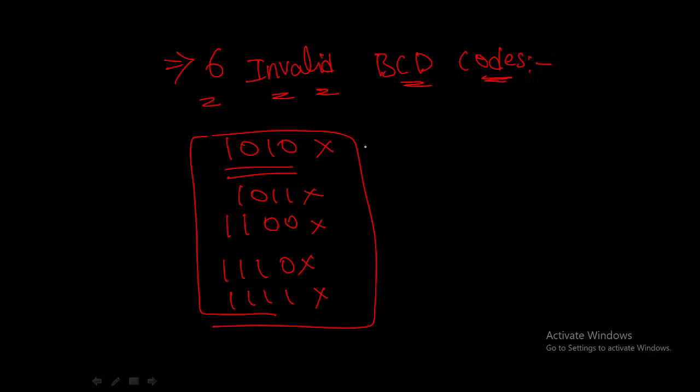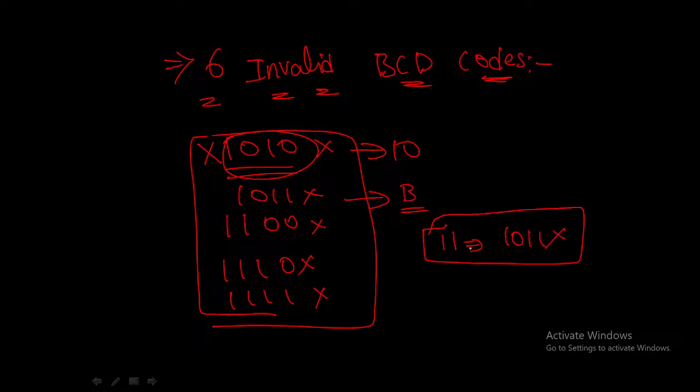We cannot directly represent 10 as 1010. This is the wrong representation. We cannot represent 10 in BCD as 1010, and we cannot represent 11, that is B, as 1011. It is not correct.